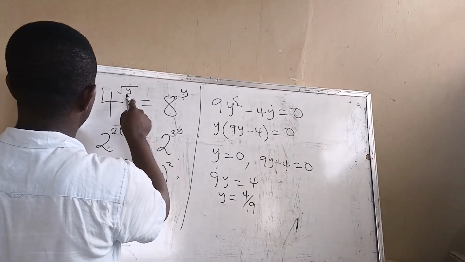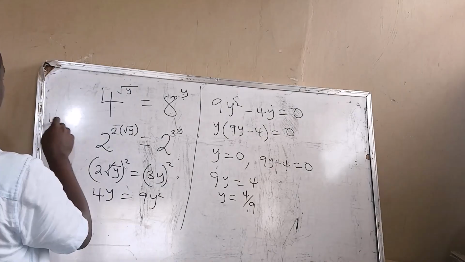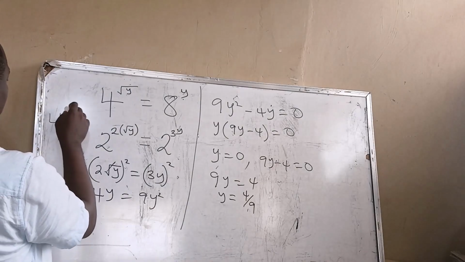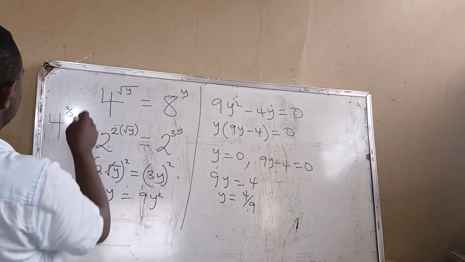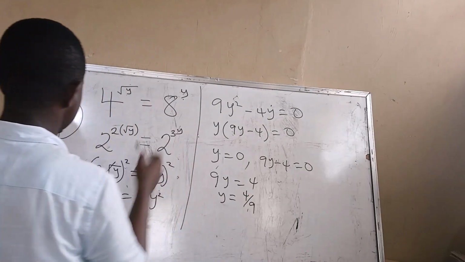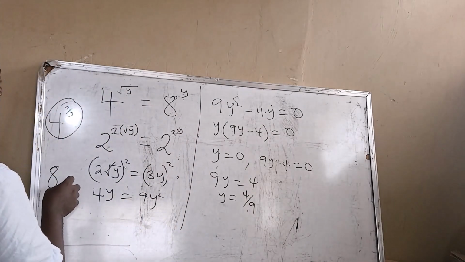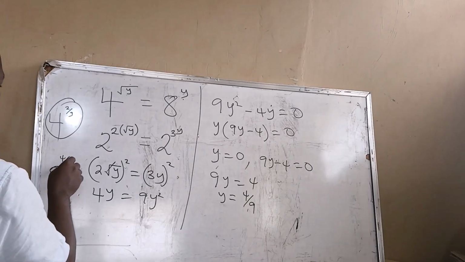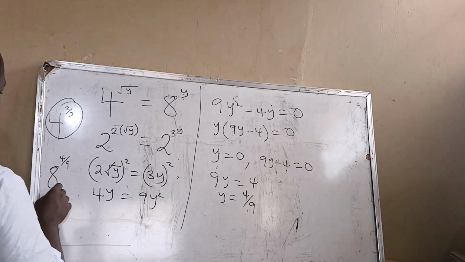Now let's look at 4 over 9. So if I plug in 4 over 9 here, that will be 4 to the power 2 on 3. Okay, we have 2 on 3. And if I plug in 4 over 9 here, that will be 8 raised to 4 on 9, which is the same as 2 to the power 3 times 4 on 9.